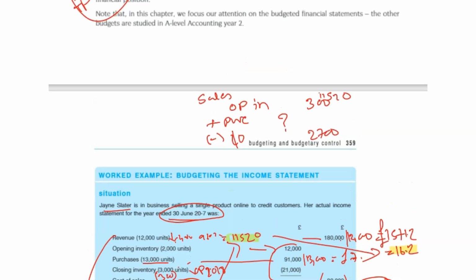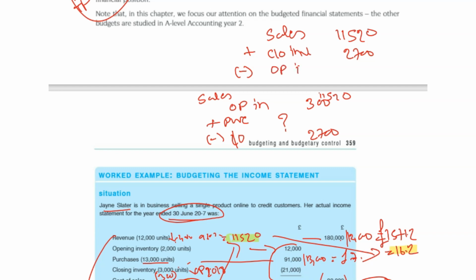Now the budget says if you'd like to sell any item, you need to produce or purchase it, don't you? So I need to have 11,520, don't I? Plus, if I would like to have any items in my closing inventory, I need to produce or purchase them, don't I? So 2,700, I need to buy. Any item you have already in the opening, do you have to produce or buy it?